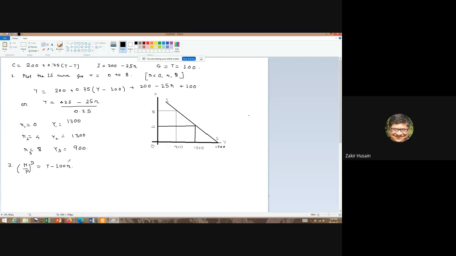Can you tell me what is the value of k? One. So MS is equal to 1000, price is 2. Okay. Now we have to plot the LM curve, let us say for the same values.